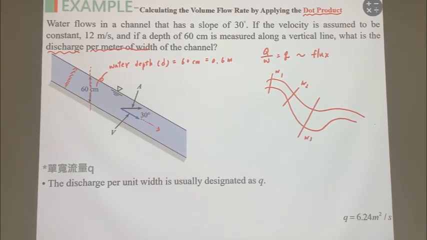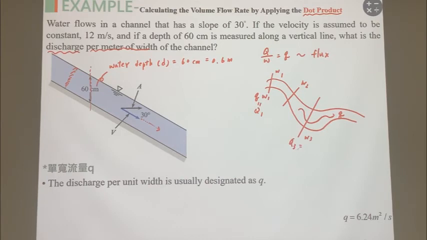We know that the different cross-section areas along the river channel have totally different widths. So we assume the flux along the river, small q, is always constant. So at the different cross sections, we simply multiply q by width 1, and then we understand how large the discharge is in here.